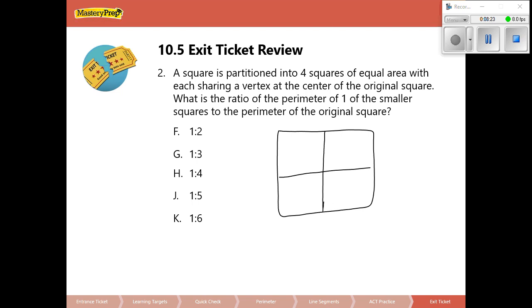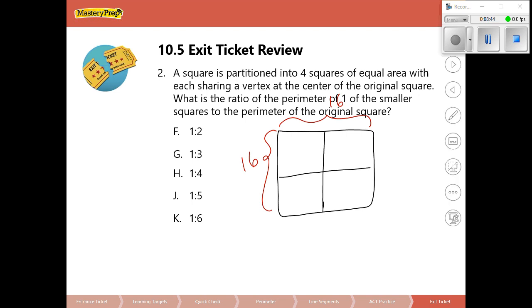Well, give me a length for the bigger square. Be nice if it's even. 16. So we could say that the entire length here, let me get a different color so we can see the difference, here we can say is 16. And here is 16.